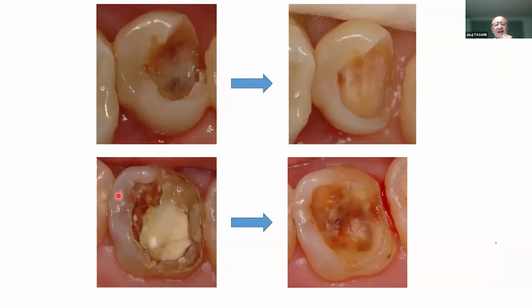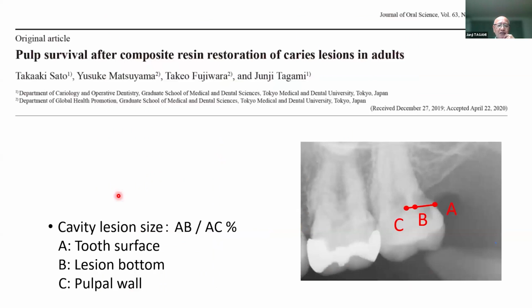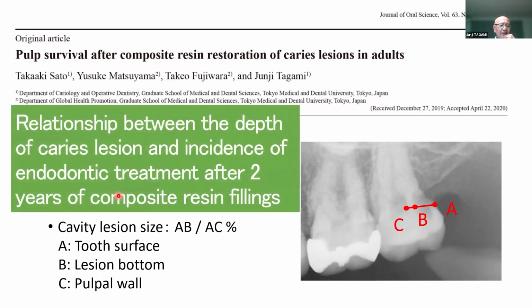But on the other hand, sometimes in the clinical situation, we need to take care of the very deep caries region. And this is our recent publication showing the relationship between the depth of caries region and the incidence of the endodontic treatment after 2 years of the composite resin fillings.